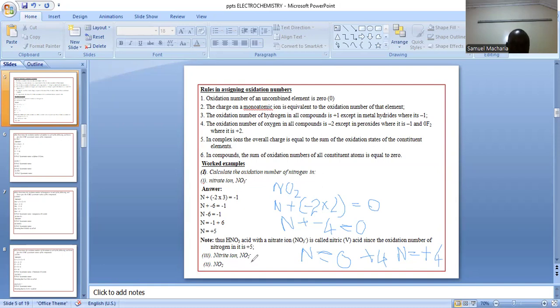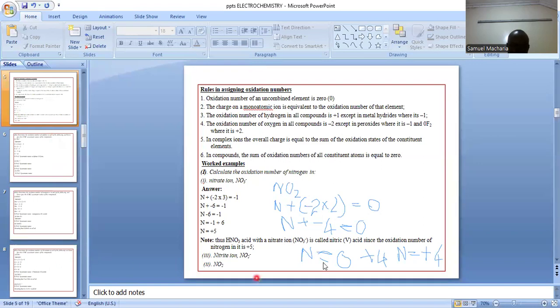Nitrogen 4 oxide. And you can see that the oxidation number of nitrogen is positive 4. And the compound is called nitrogen 4 oxide. Thank you. Now you can do the other one as an assignment.